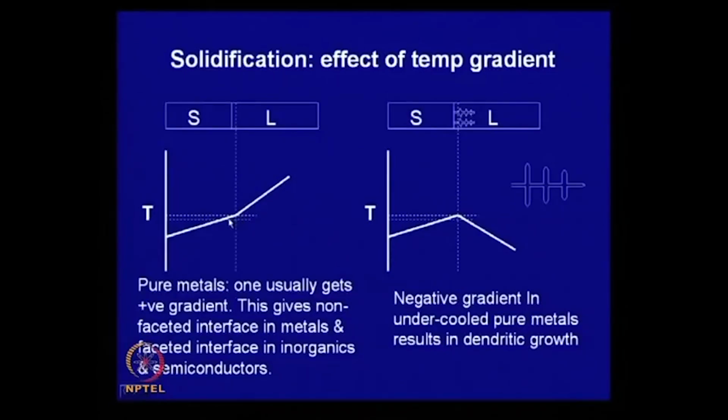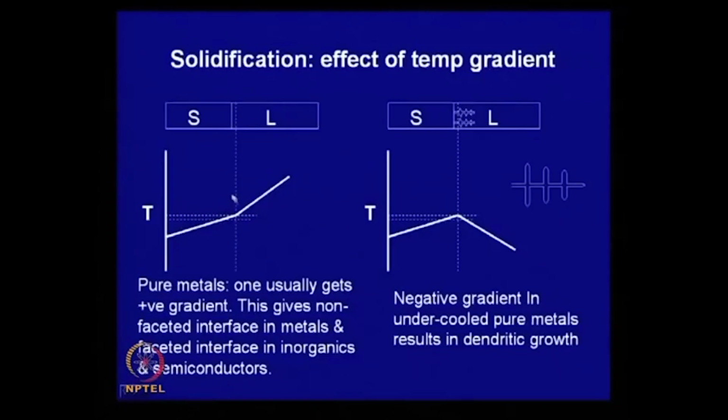So, this is the freezing temperature. There will be some amount of supercooling which will be necessary. So, this is the interface. Here the temperature at the solid interface is slightly lower than the freezing point, and this is how the gradient looks like. Now, from the liquid, if the heat has to be extracted, the only direction it can go is along this.